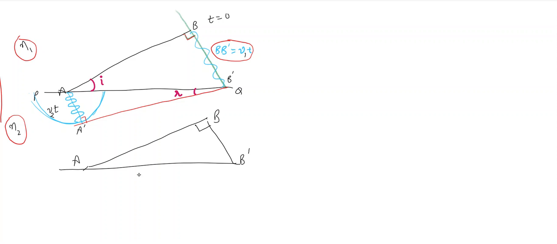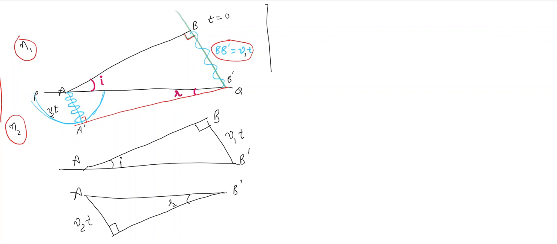This is a 90-degree angle, this angle is I, and this side is V1t. The second triangle is A A prime B prime. This is 90 degrees, this side is V2t, and this angle is R. So these are the two triangles we have.